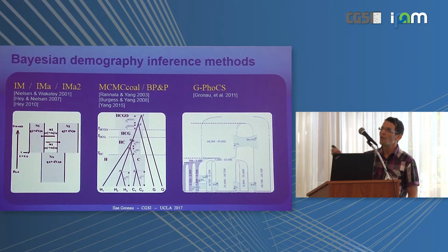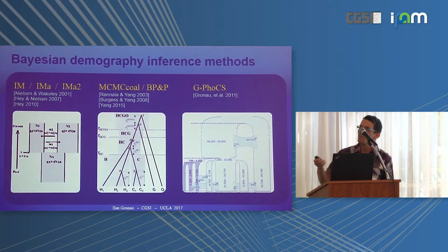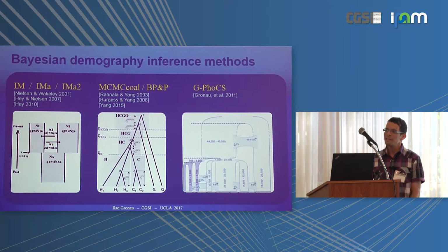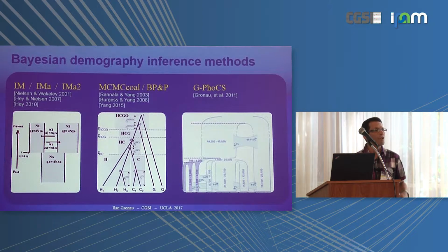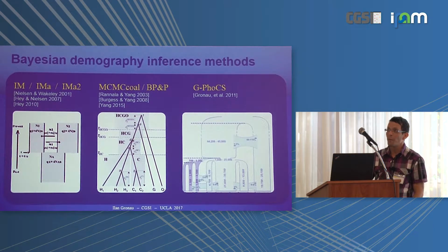I arrived pretty late to the game with G-PhoCS, but I think the nice thing about G-PhoCS is that we really optimized it for doing this population-level inference with multiple populations, a lot of migration bands, fairly complex models, and a lot of loci. We typically run these analyses with tens of thousands of loci genome-wide, and we've optimized the program really nicely so that you can run it in reasonable time.